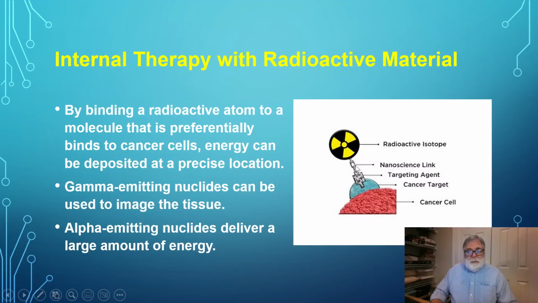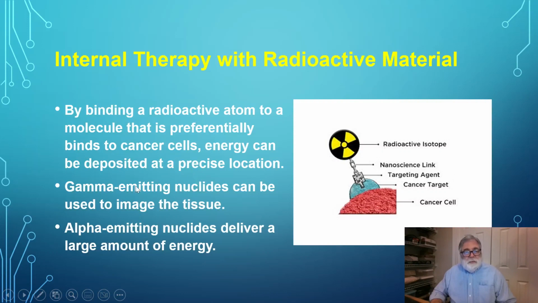If we have some chemical, some molecule that will attach to the tumor and not to healthy tissue, and we attach our radioactive isotope to it, then that chemical will carry our radioactive material to the tumor, and all of the energy will be deposited locally at the tumor, not to other healthy tissues. It's a very precise way to target the tissues.